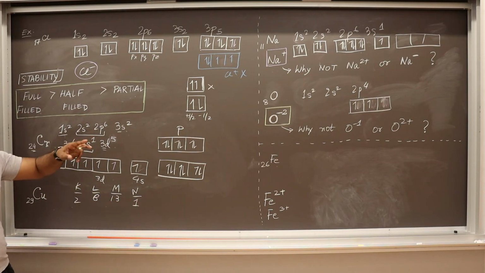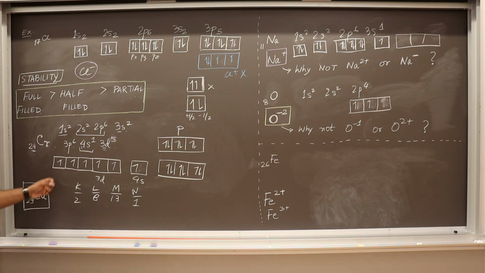Now, we cannot explain that with the concept of orbits, but we can explain the configuration of chromium with the SPDF system, the orbital system. Now, I would encourage you to try and write down the electronic configuration of copper, which follows somewhat of a similar rule, and when you understand this correctly, you'll be able to use the same concept to write the configuration of copper, okay?